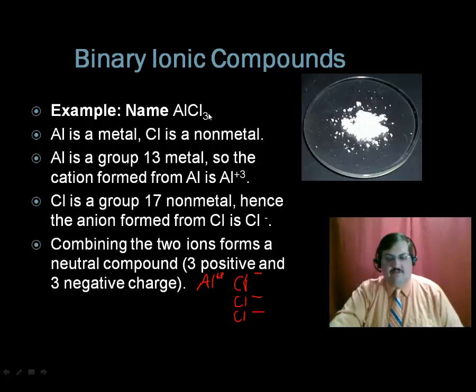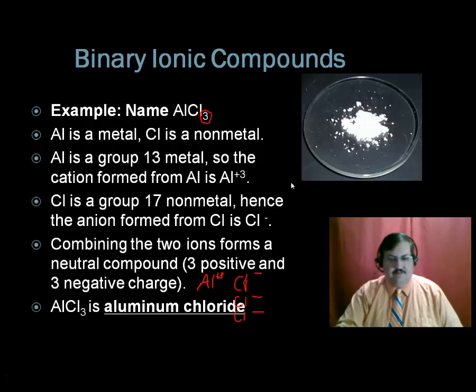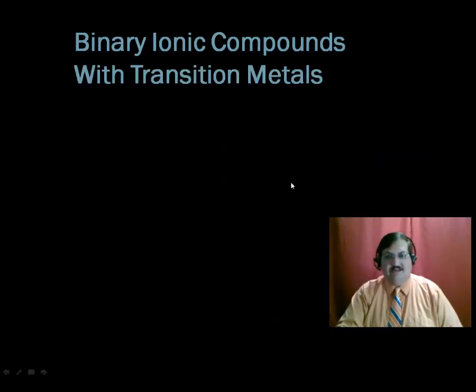And you can see in my formula, this is denoted by this subscript 3. That 3 is telling me that there's 3 of the element before it. We will name this sodium chloride. I'm sorry, aluminum chloride. Sodium chloride was the previous example. We name aluminum for the metal, chloride for the chlorine with the IDE at the end.